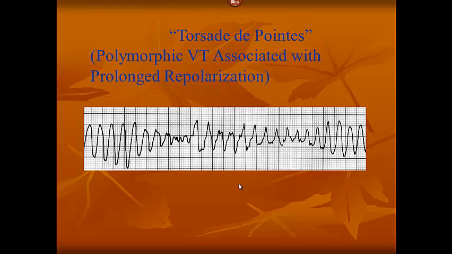That is like a twisting of spikes. It is polymorphic ventricular tachycardia as well, where the QRS complexes point up and then point down, completely irregular. The patients are hemodynamically unstable most of the time, so it could cause syncope, VFib.